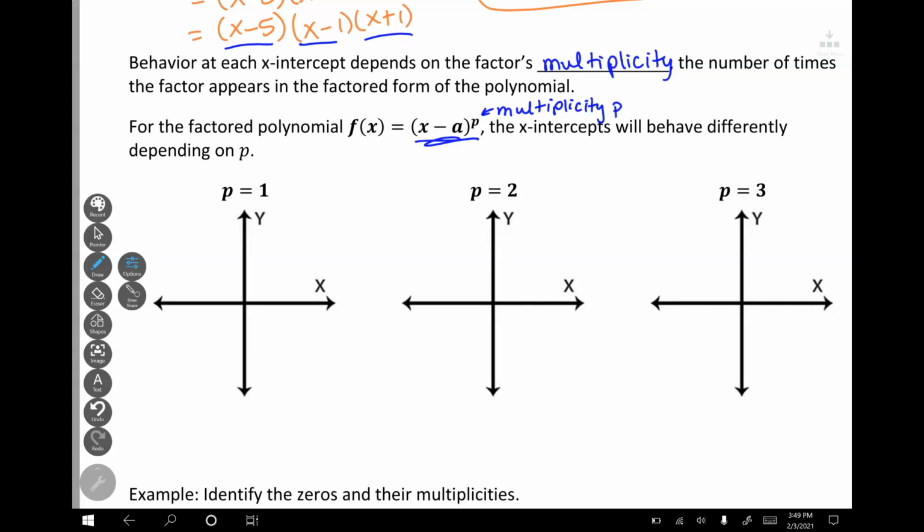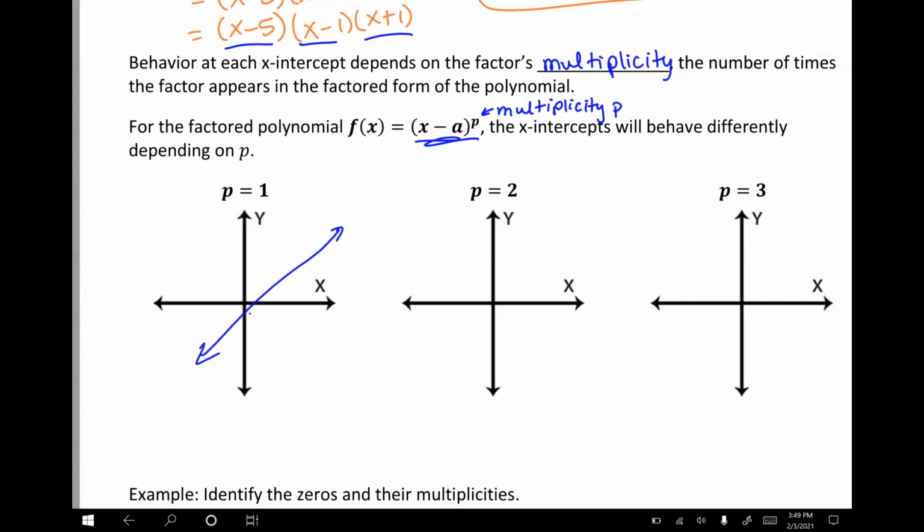The x-intercepts will behave differently depending on p. So if p equals 1, then you're just going to have a straight line. If the multiplicity is 1 on that factor, it's just going to go straight through that point. No problem. Just straight through that point.